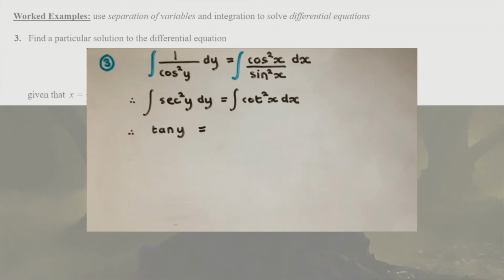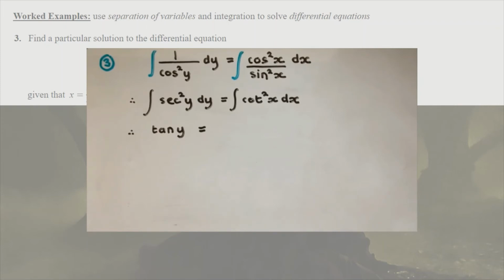We're going to need to do a little bit more manipulation here. And if you look at your list of standard results, which I don't have in front of me, we don't have cot squared, but we do have cosec squared. We have a standard integral for that, an antiderivative. So if I can replace this with cosec squared somehow, it should make it much more simple.